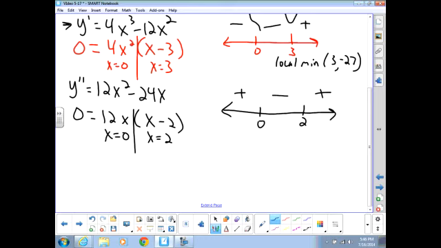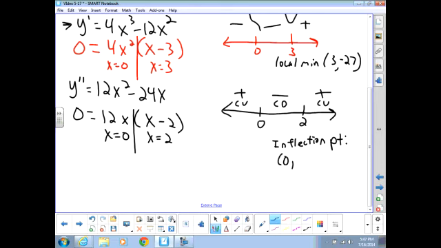Notice each of the sections where it's positive, you'll be concave up. Where it's negative, you'll be concave down, and where it switches, there'll be an inflection point. Just a reminder, an inflection point is just where it switches from either concave up to concave down or vice versa.